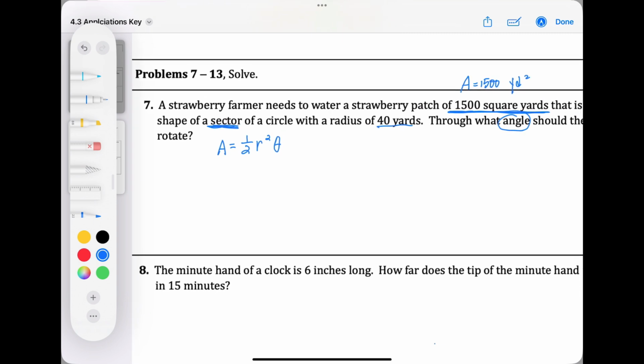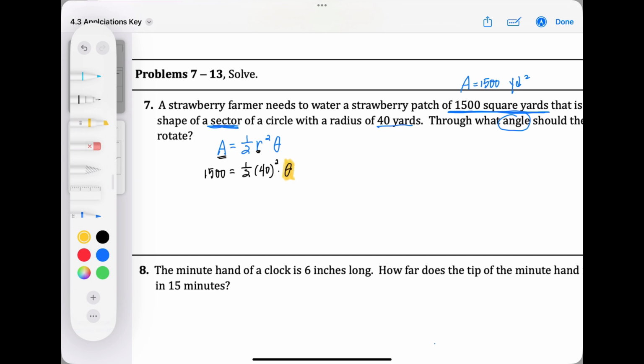All right, so we are math people, right? So knowing we are using this formula, area of a sector, we're going to fill it in. So I know the entire area of the sector is equal to 1,500. And knowing that my radius of the circle is equal to 40, so I have 40 squared times theta. So do not overthink.